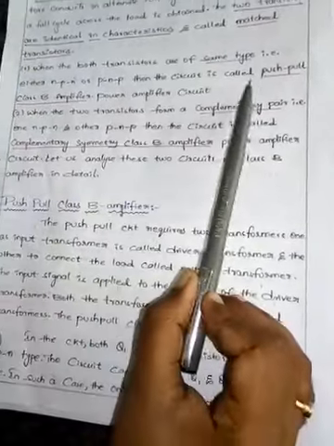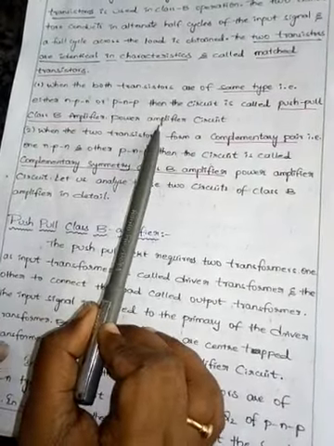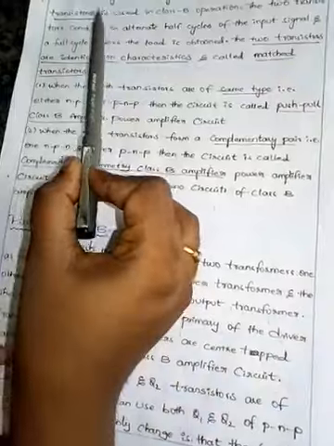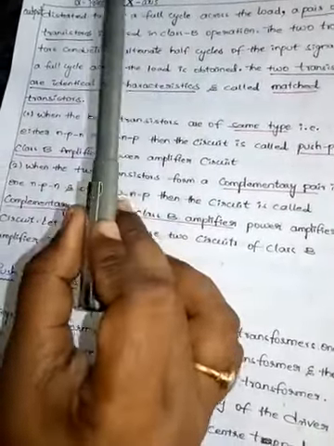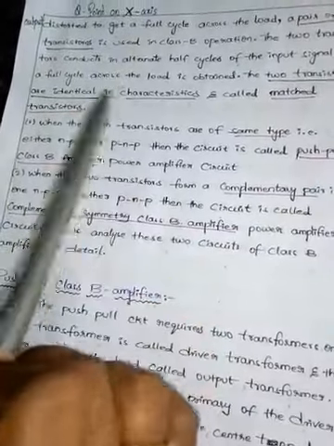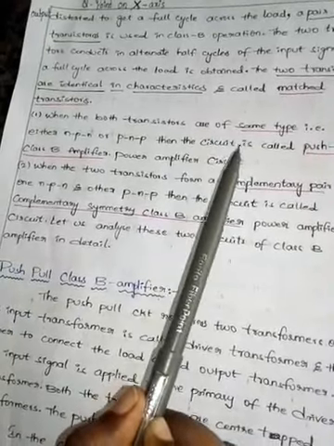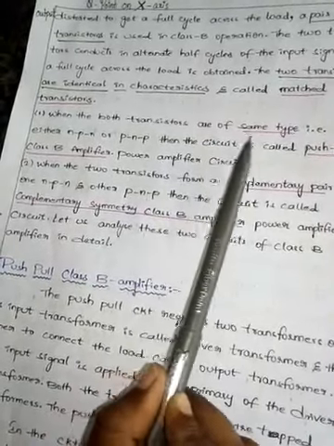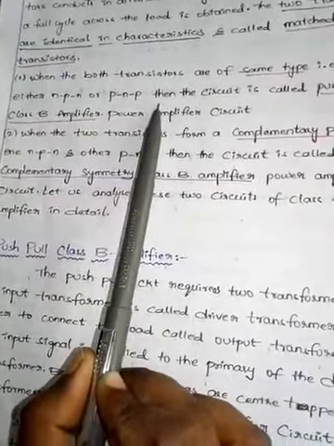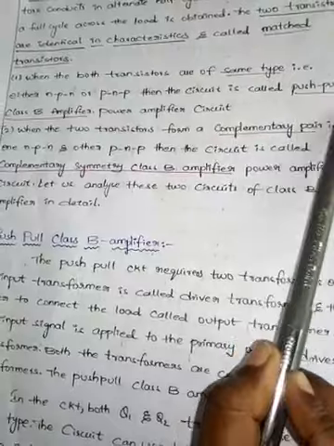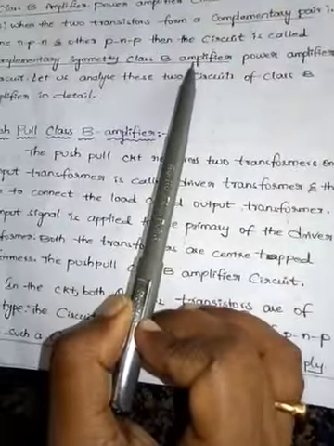A push-pull amplifier is nothing but the use of two transistors in the circuit. Why? Because in class B the Q point is on the x-axis, so it conducts only for half a cycle. In order to conduct for the full cycle we need to use two transistors, and if both are NPN or both are PNP, we say it is a push-pull class B amplifier.